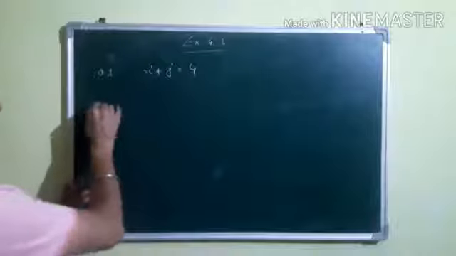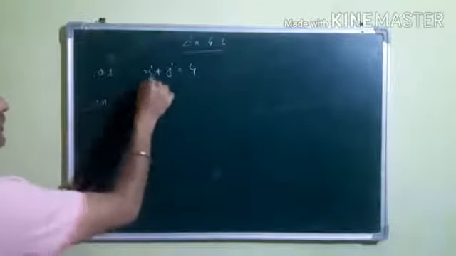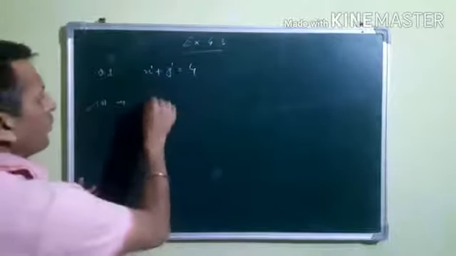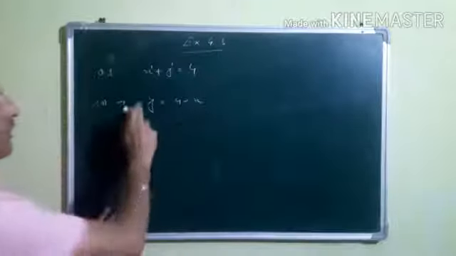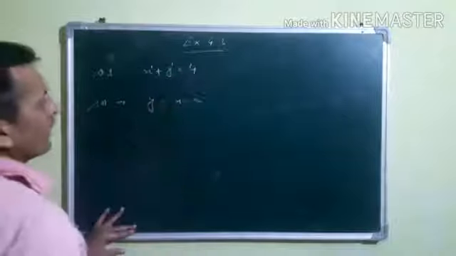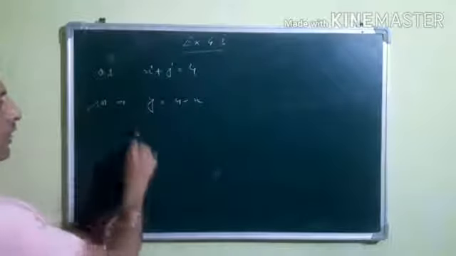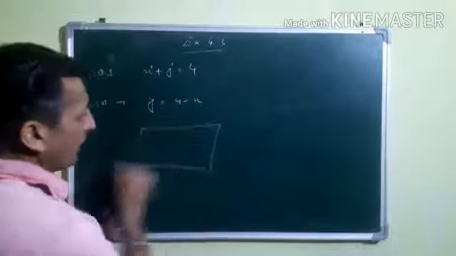For the solution of this equation, you can write your equation in the form of y is equal to 4 minus x, or otherwise x is equal to 4 minus y. And after that we have to draw a table like this.